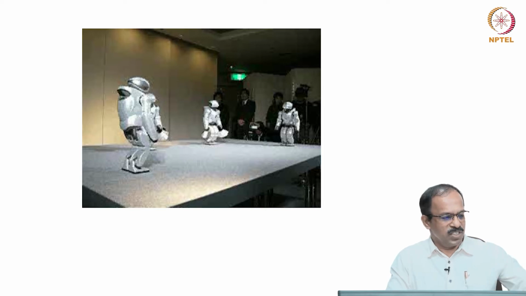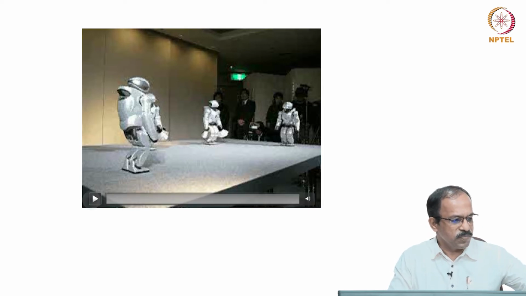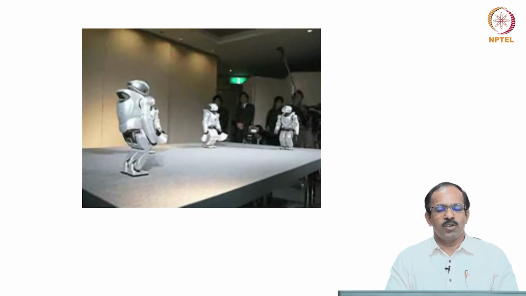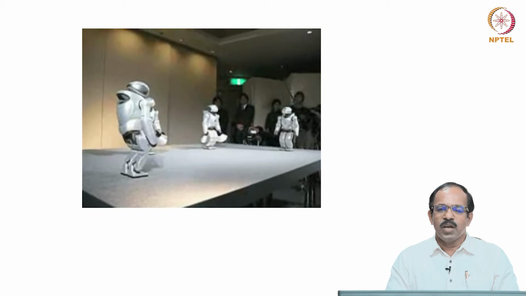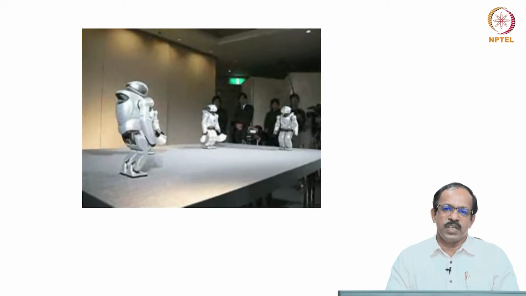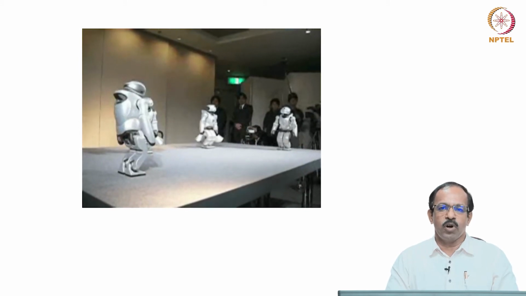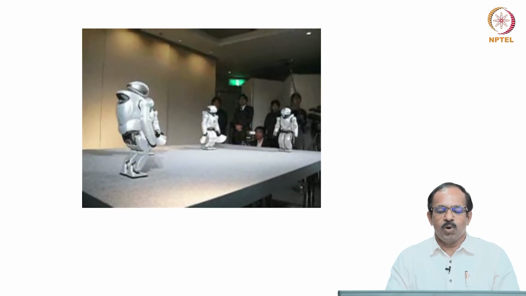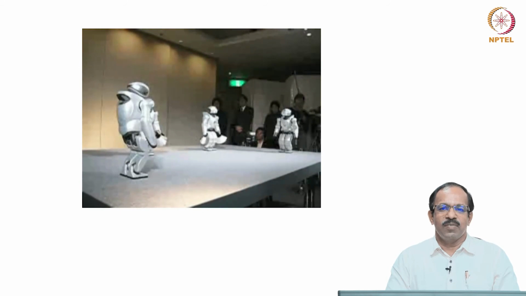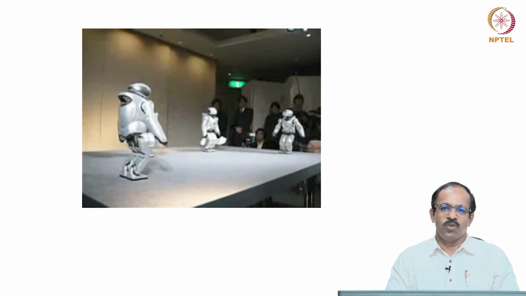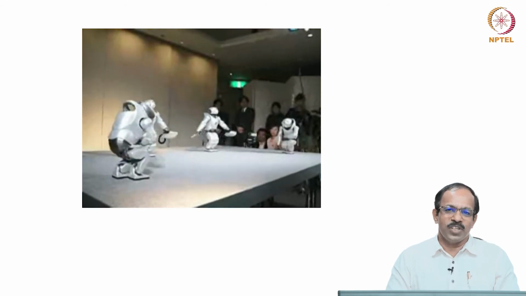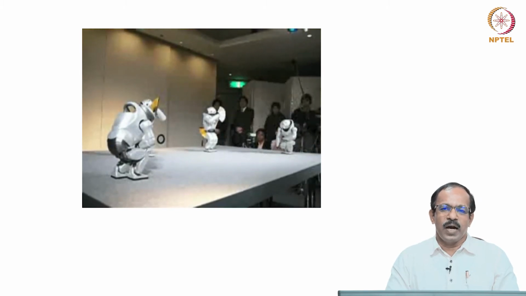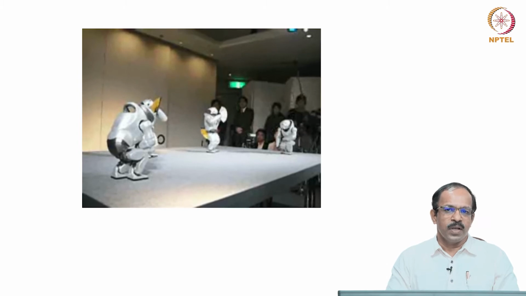For example, as you can see here in this video, it is not only the robot on its own, but if it has to be autonomous, you can see that the robot has to collaborate with other robots also, or they need to have coordinated motion also. So if it is fully programmed, the robot has to understand what is the environment, what is its surroundings, how the other robots are behaving, and based on the other robots' behavior, the robot has to adjust its own behaviors also.